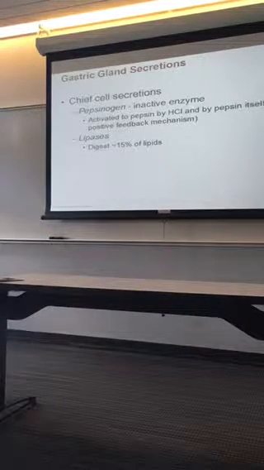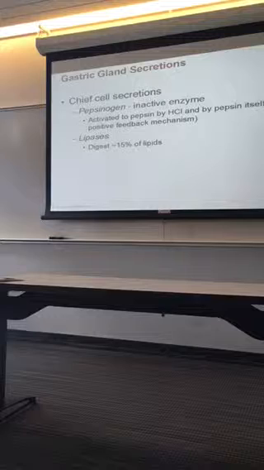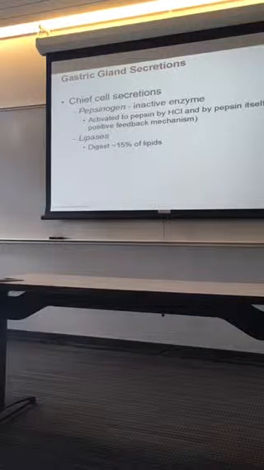The parietal cells are producing hydrochloric acid. Okay. It's a drop in pH that turns pepsinogen into pepsin, okay, by acid hydrolysis. Okay. The little end of pepsinogen is actually cut off, and that converts pepsinogen into the active pepsin. Okay, so acid hydrolysis of pepsinogen converts pepsinogen to pepsin.